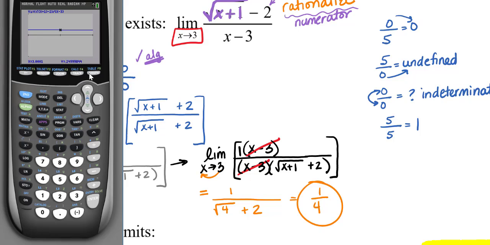You can also see this using your table. I would just type in 2.999 and then 3.001. I caution you because sometimes, let me try putting in 3.000000001, sometimes it'll show me exactly 0.25 in the table, and that is not exactly 0.25.